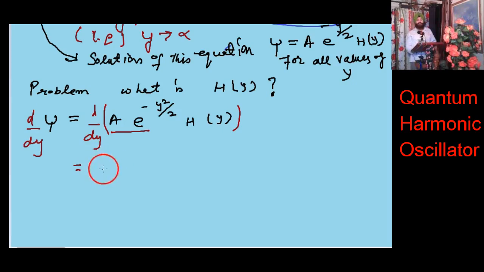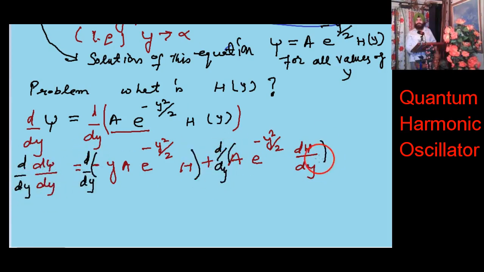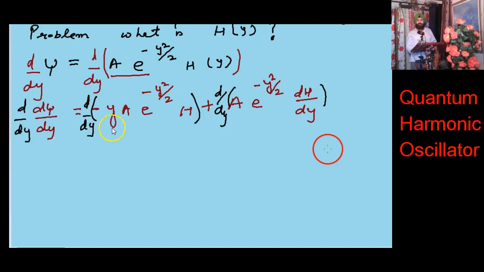Now differentiating it with respect to y. Keep in mind there are two functions, this one and this one, so there's a product rule: one function times the differentiation of the second, and the second function times the differentiation of the first. So we have two terms, very simple differentiation. Now differentiating again, we have three functions, so three terms here, and here two functions, so two terms.